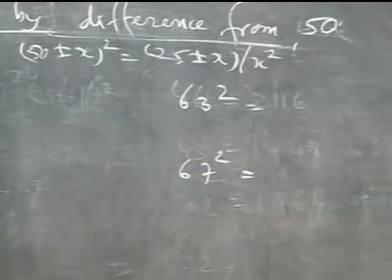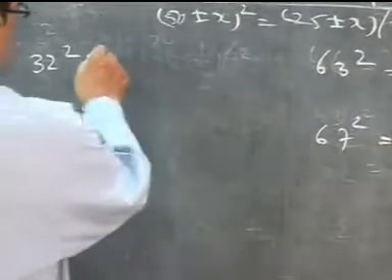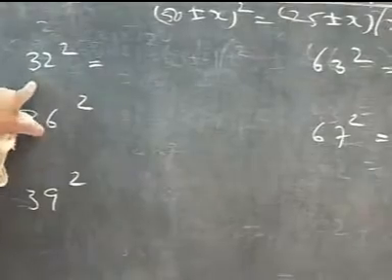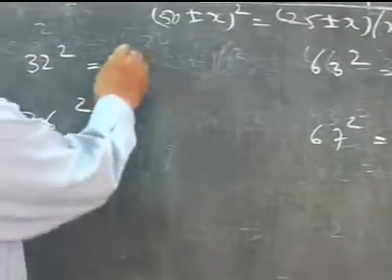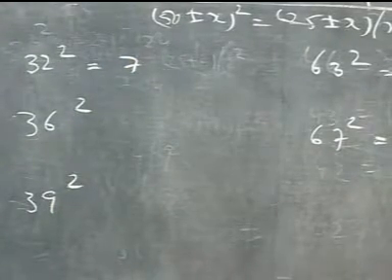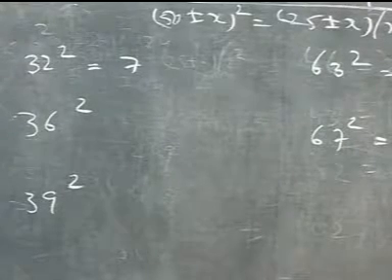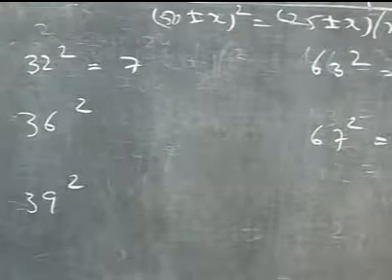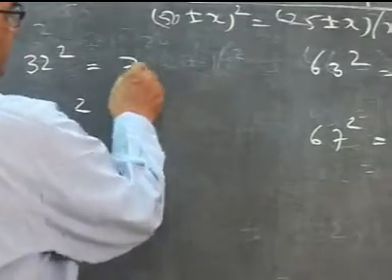Do you remember? 32 is 18 less. Now 18 square. Take 20 as base, 2 less, 16, double, 32 and 4. So you can say it is 324.